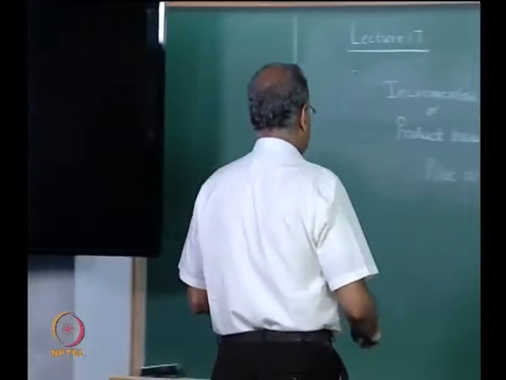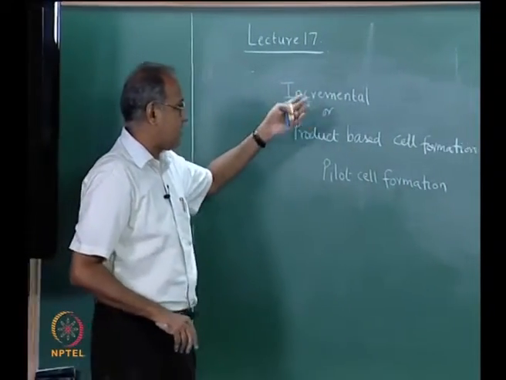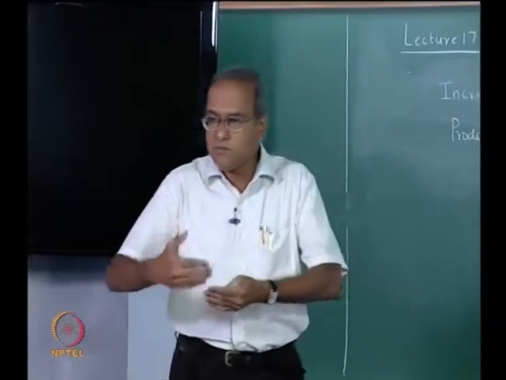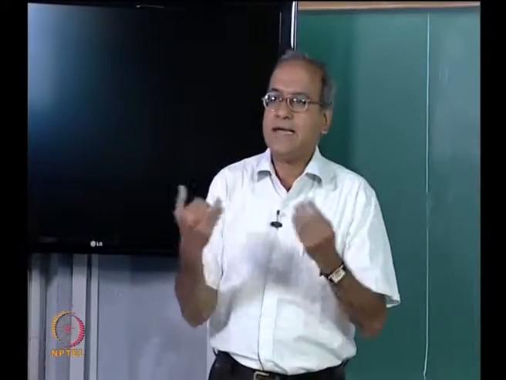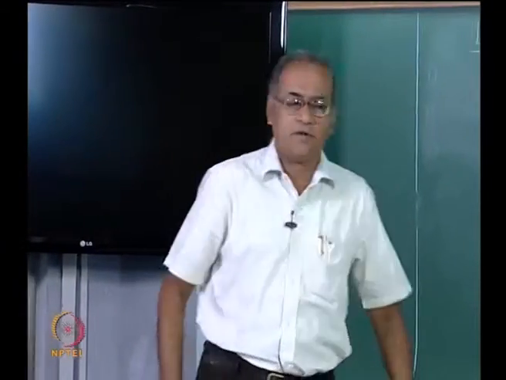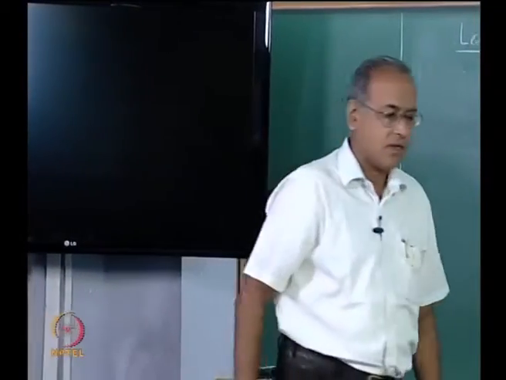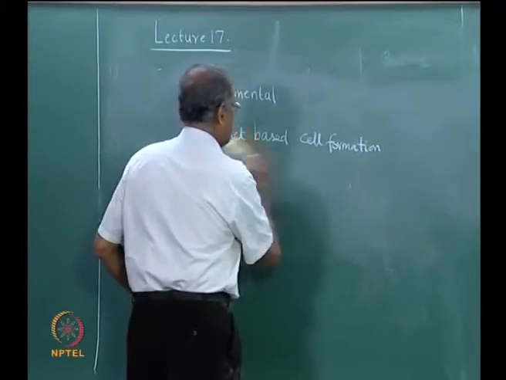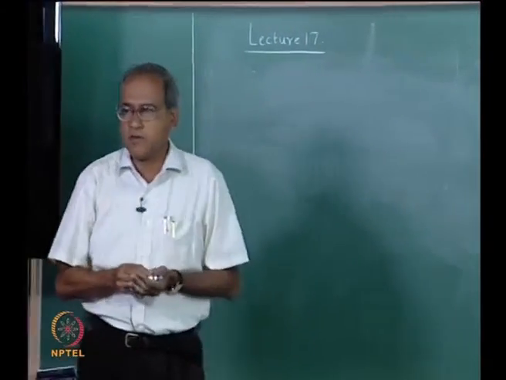So we now bring all of these into the classification called incremental or product based or pilot cell, under the assumption that the volume is large and for a particular product we are going to create a cell. So we can use the term product based cell formation.